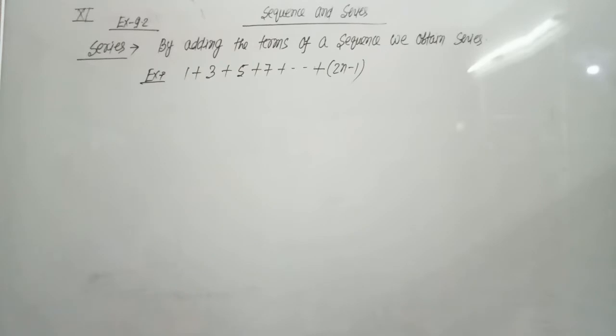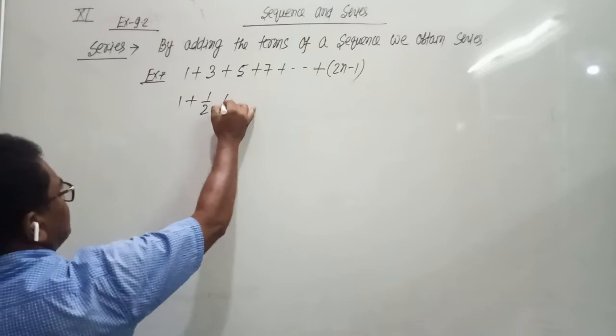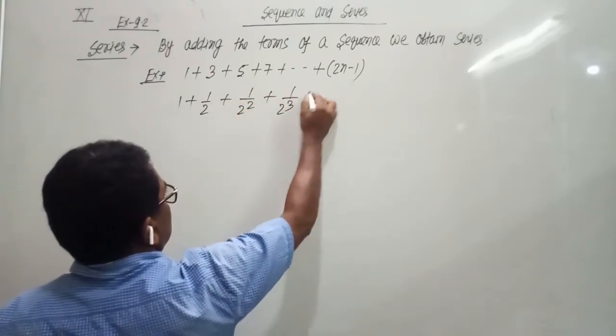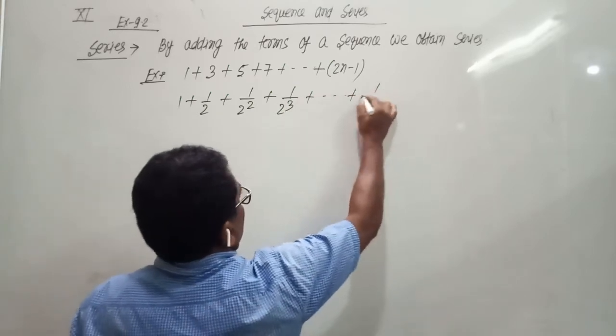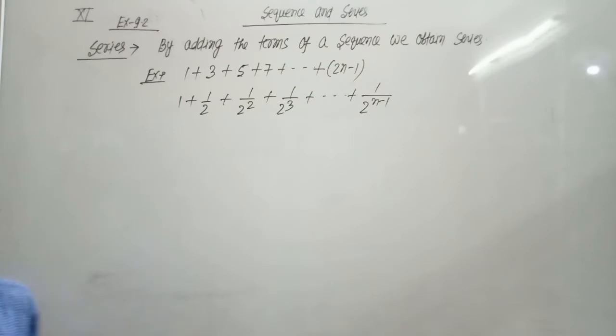Similarly, 1 plus 1 by 2 plus 1 by 2 square plus 1 by 2 cube plus dash dash 1 upon 2 raised to the power n minus 1. When we add all the terms of the sequences, we get the series.